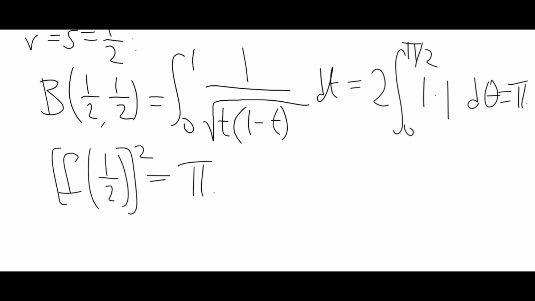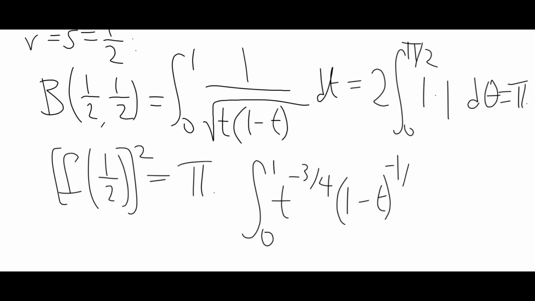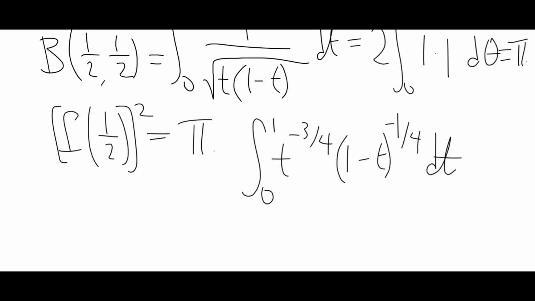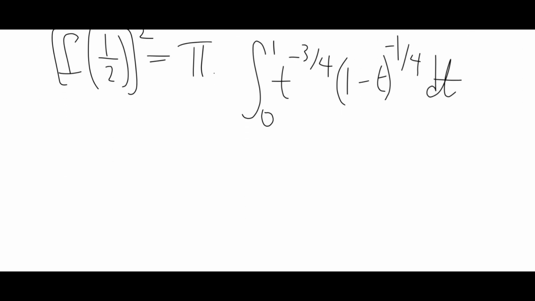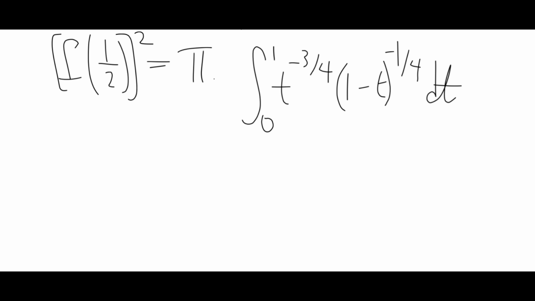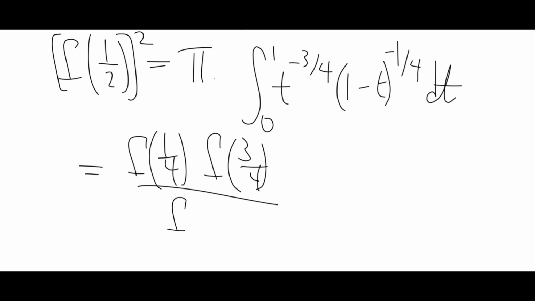And this also allows me to compute some other pretty wacky integrals. So for example, if I have the integral from 0 to 1 of t to the minus 3/4 times 1 minus t to the minus 1/4, well, that's beta of 1/4 and 3/4. So it's gamma of 1/4, gamma of 3/4 over gamma of the sum, which is 1.